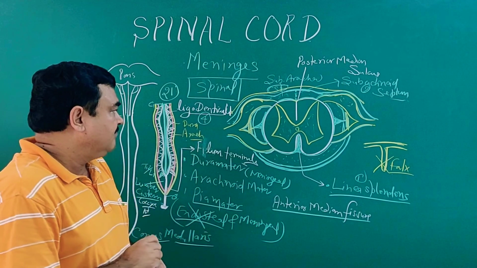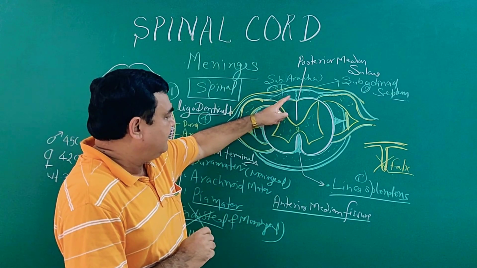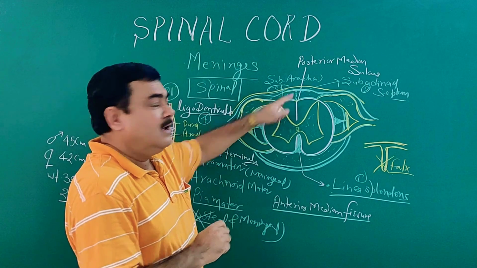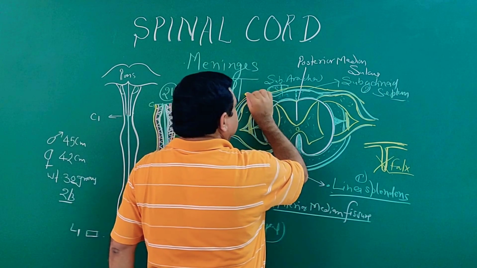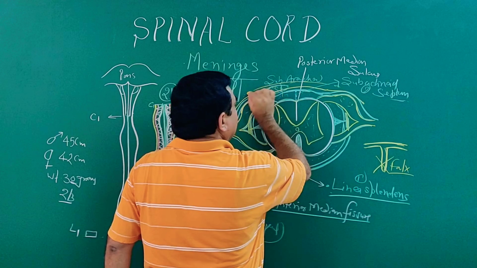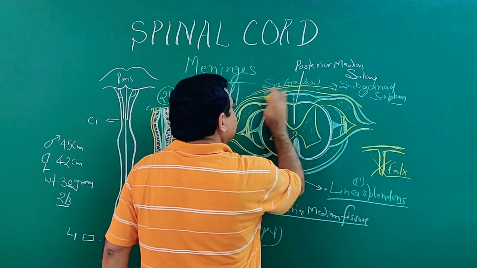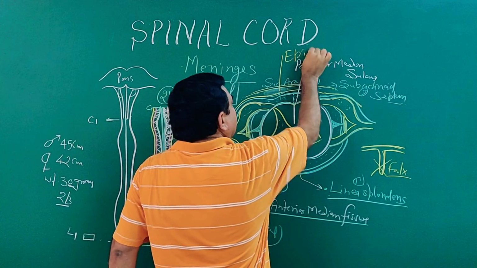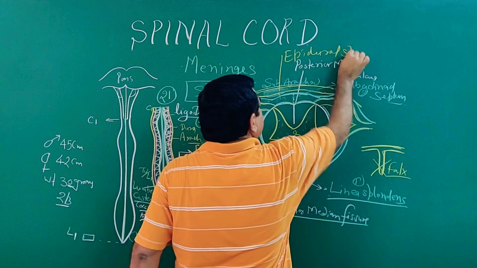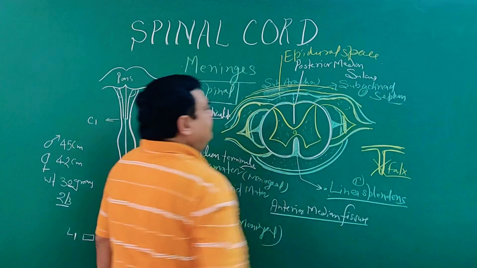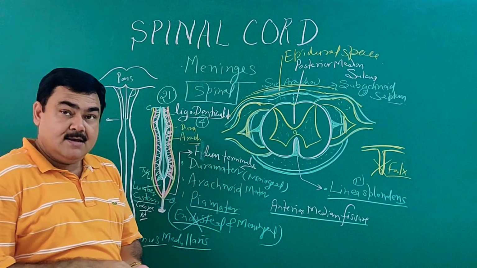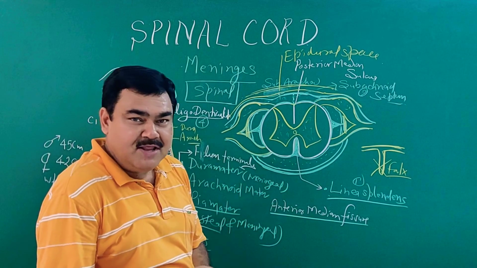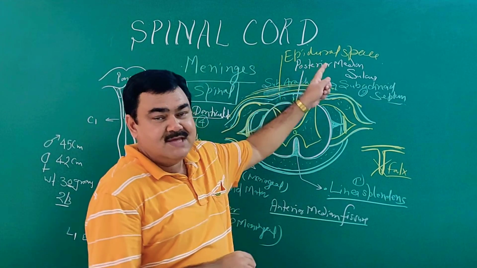Another thing, here you can see the space. Outside the dura mater there is a space, known as the epidural space. In the case of cranial meninges, this epidural space is not present.